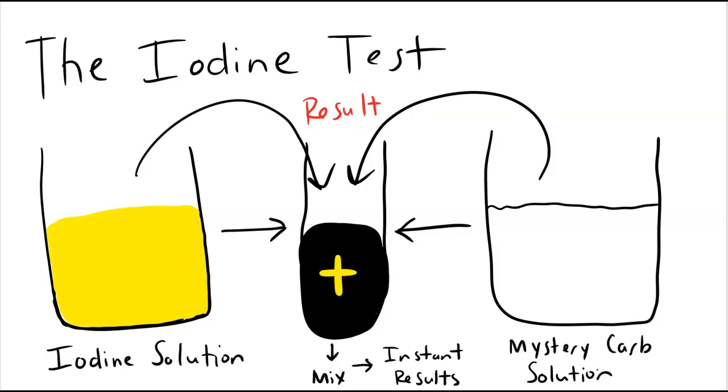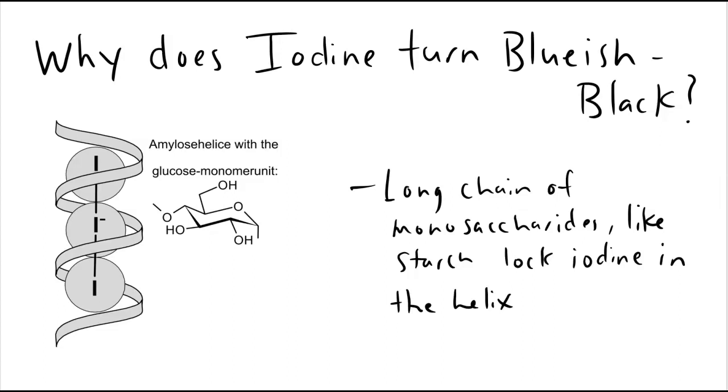I've colored it here as black to show you a positive result on an iodine test showing that there are polysaccharides. And again, just as an interesting aside, iodine turns bluish black because these long chains of polysaccharides, such as starch, coil up onto themselves, and basically iodine gets trapped inside those coils and turns black in color.